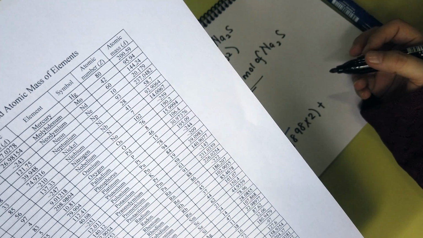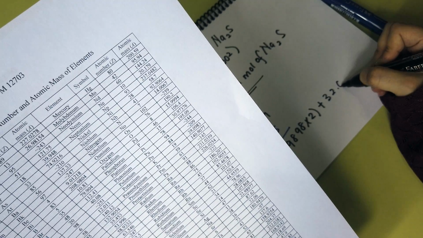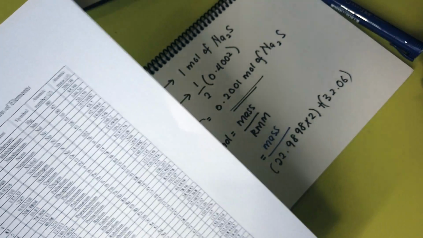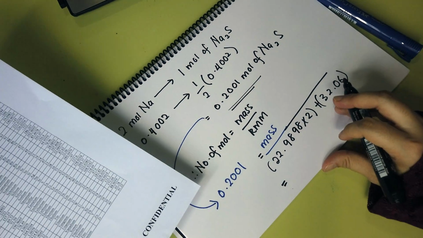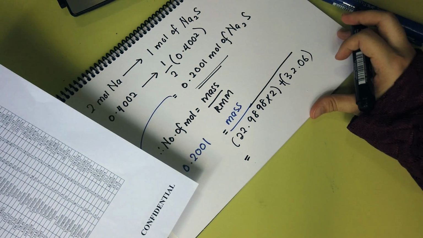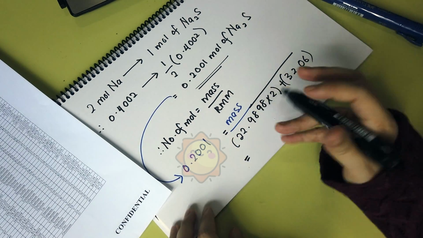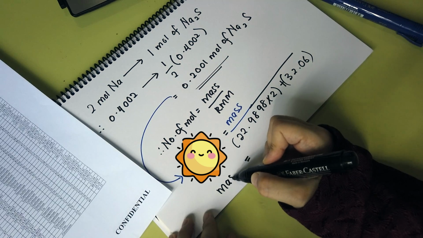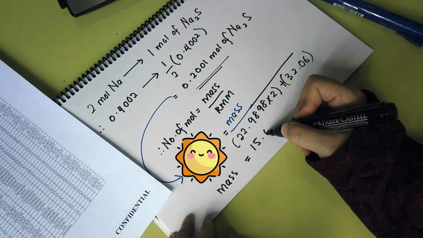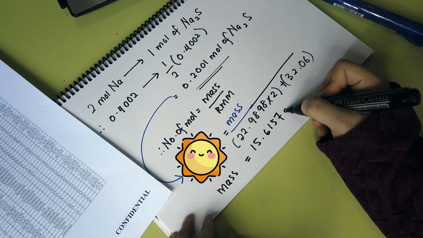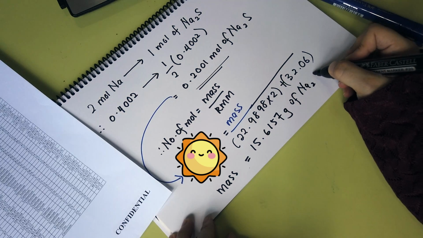For sulfur, you should get 32.06. Okay, so the mass of this thing, after you have calculated this and bring it up here, you should get the mass equivalent to 15.6157 gram of Na2S.